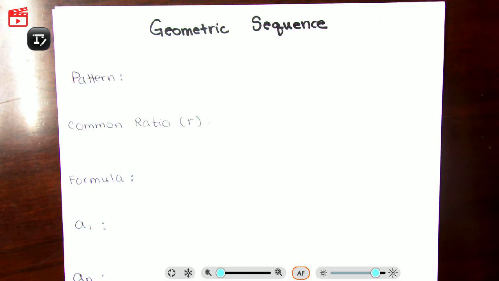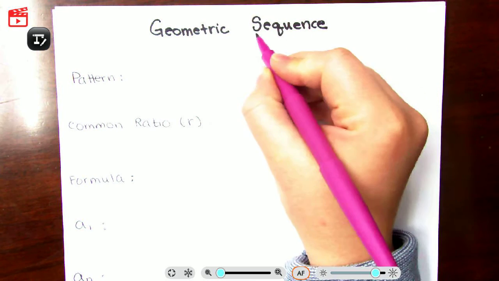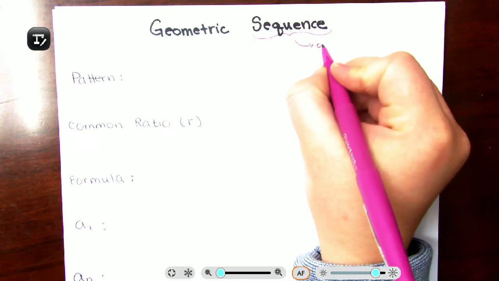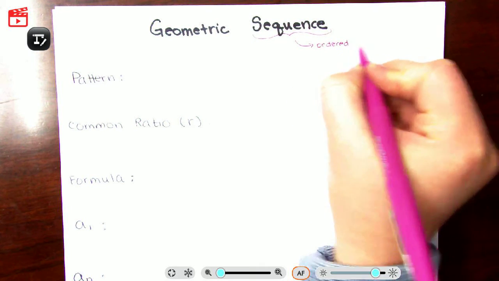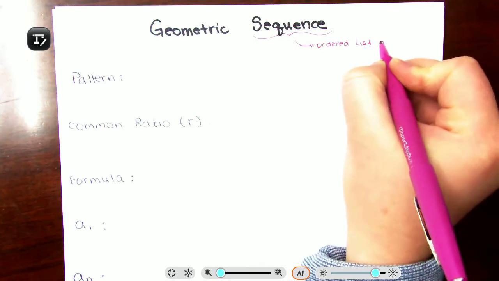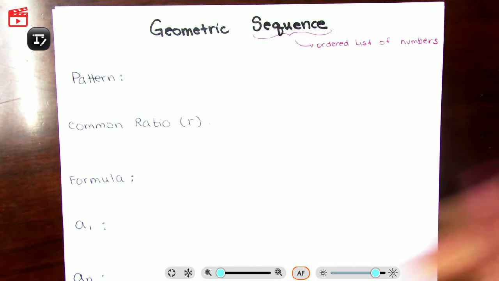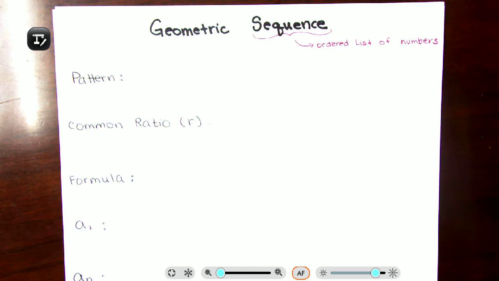So what is the pattern of a geometric sequence? Well, let's go back to what a sequence is. A sequence is an ordered list of numbers. It doesn't matter what that order is. As long as you list some numbers, they are in a particular order.